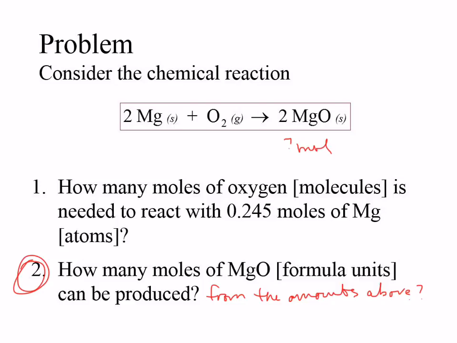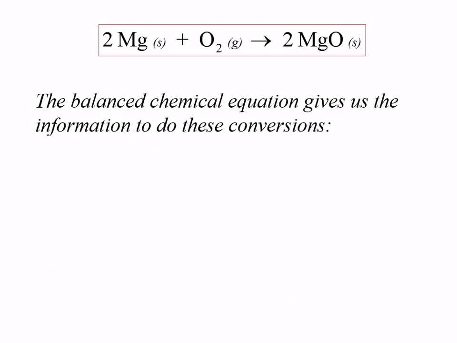But bottom line is we're going to start with 0.245 moles of Mg. And we're going to actually, and we'll get into this on Monday, say sufficient O2, and this is problem number 2. So if I had those 2 problems, I'd probably put problem 1, and then problem 2. I'd superimpose it underneath there. All right.